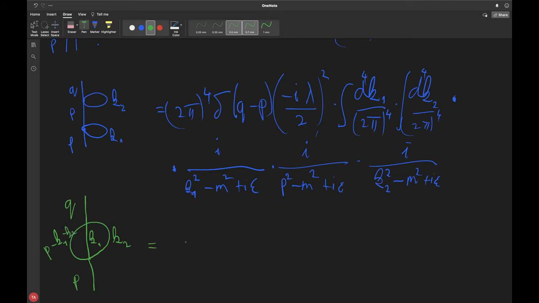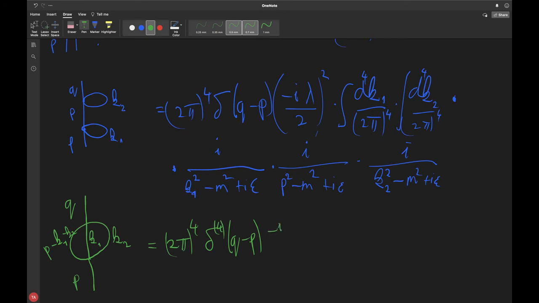So the contribution, or what we could write as the amplitude, is 2 pi to the 4, the four-dimensional Dirac delta between q and p, since the k's and the rest are virtual particles and they don't need to conserve energy and momentum.